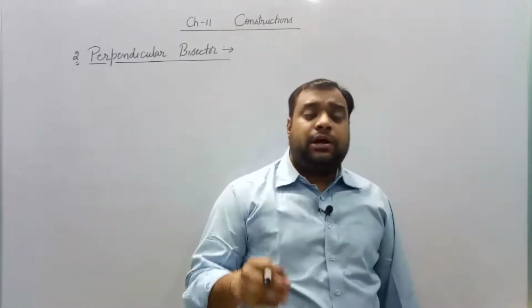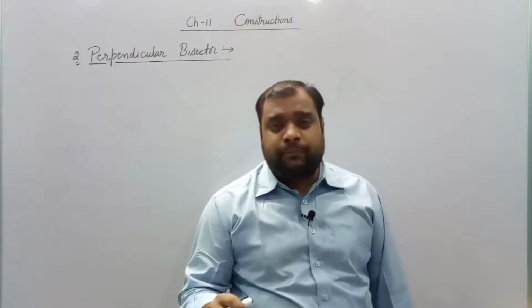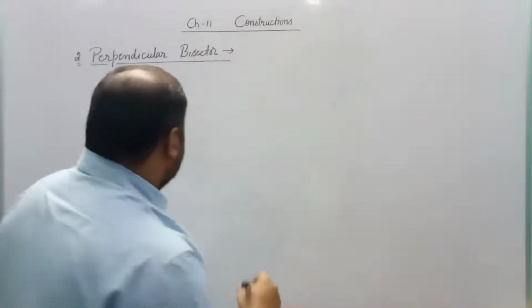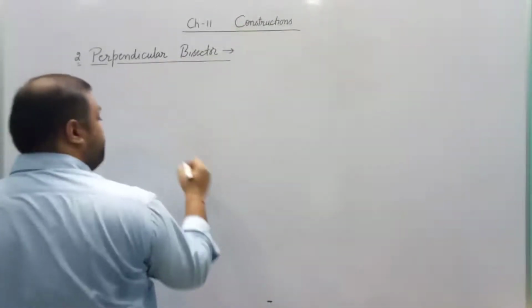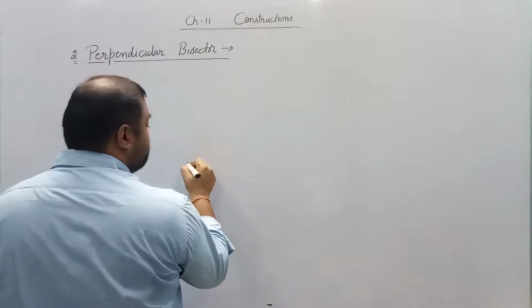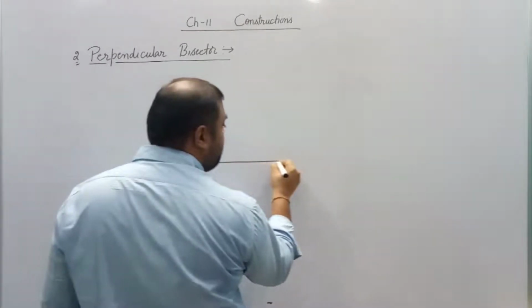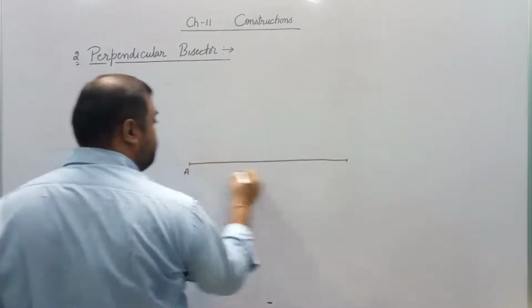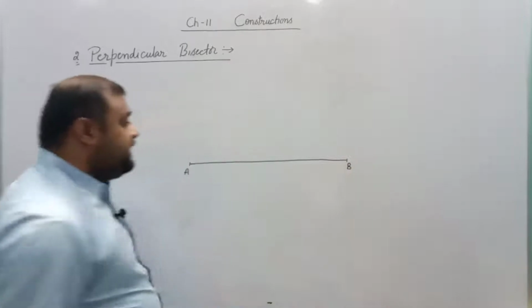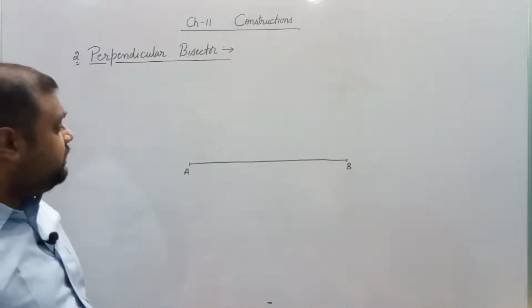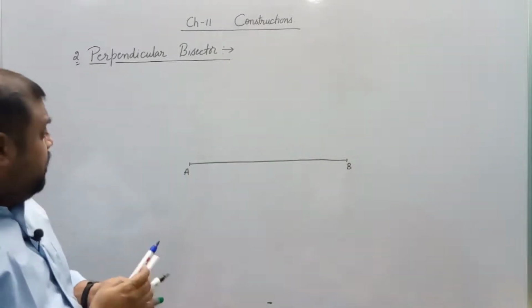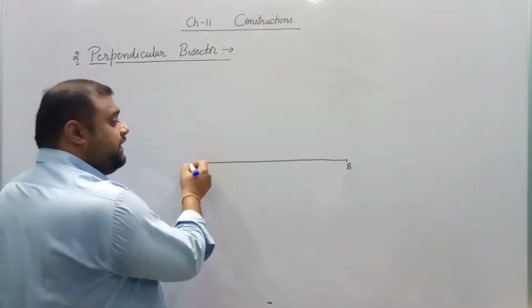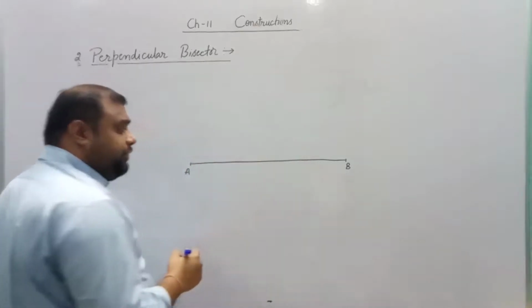Perpendicular bisector bisects a given line segment into two equal parts. Suppose, taking one example, given a line segment AB of any length. Now taking A as center and radius more than half of AB.